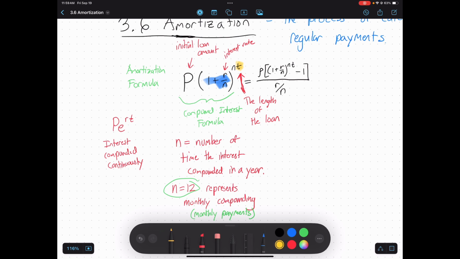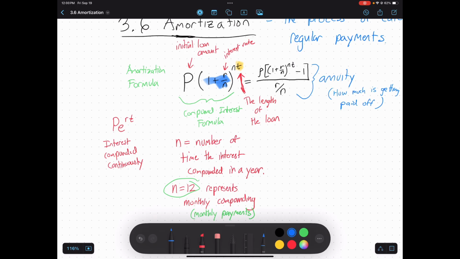The right side, on the other hand, is calculating something called annuity, which represents how much you're paying or how much is getting paid off. That's what the annuity measures. And you'll notice it uses a lot of the same variables we used earlier. R represents the interest rate, N represents the number of times it's being compounded, so it's going to be 12 for monthly payments.